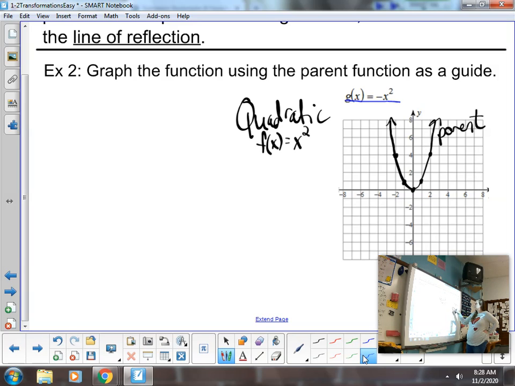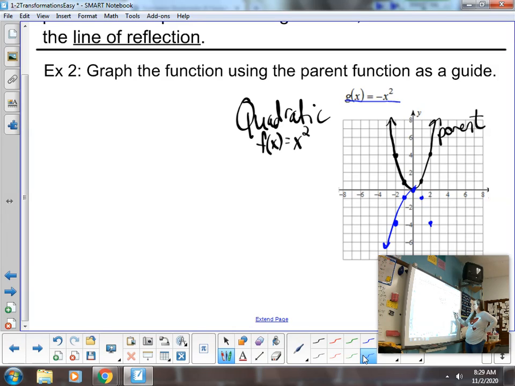So this point here at negative 2, 4 is going to be down at negative 2, negative 4. The point at negative 1, 1 is going to be at negative 1, negative 1. 0, 0 lies on the x-axis, so it's going to remain 0, 0. 1, 1 is going to move to 1, negative 1, and 2, 4 is going to move down to 2, negative 4.